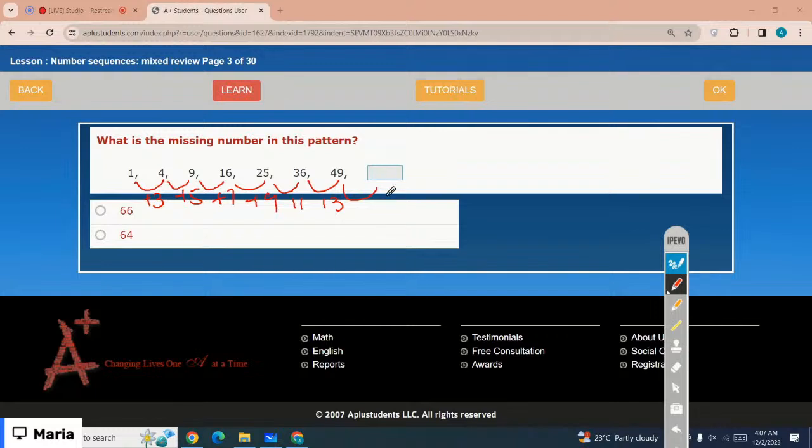So for the next number, you have to add 15. So 49 plus 15 is 64. So that means for the next number, you have to add 15 and the missing number is 64. Got it? The missing number in the sequence is 64.